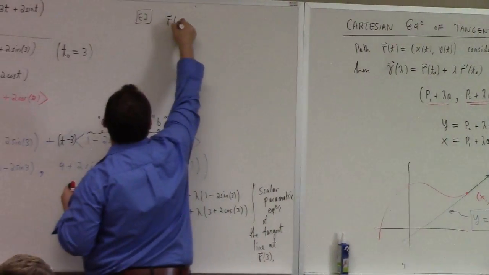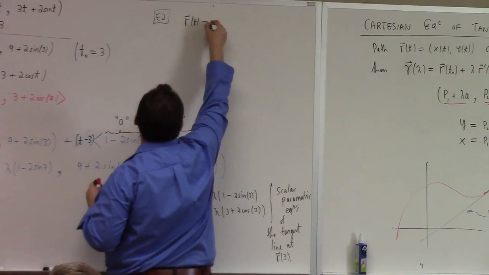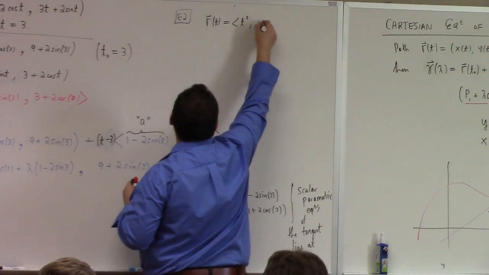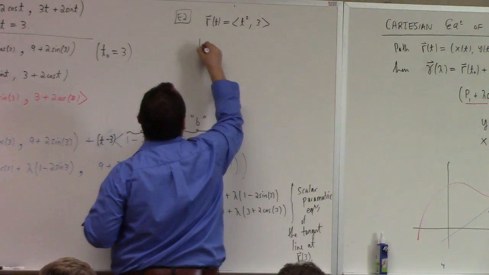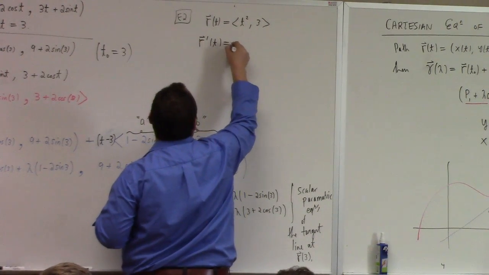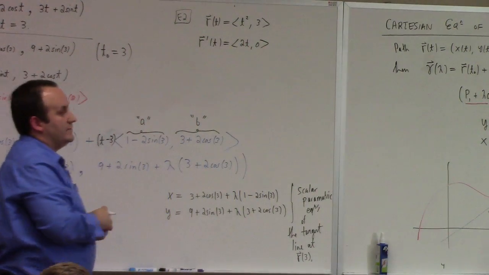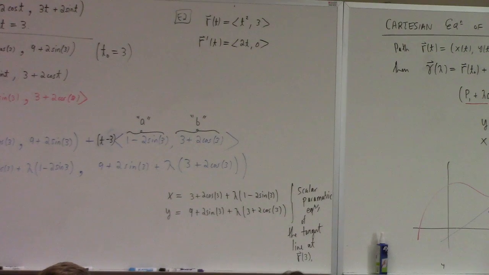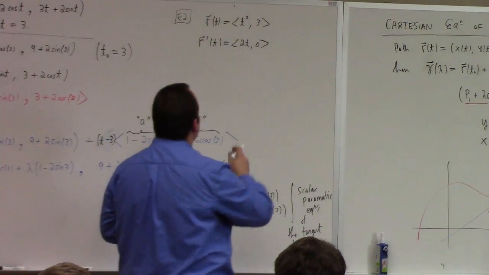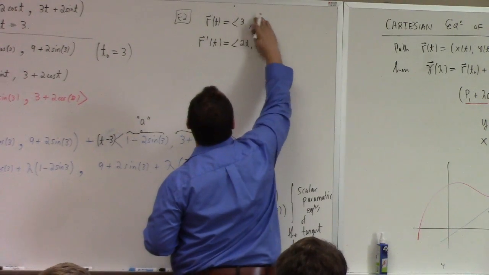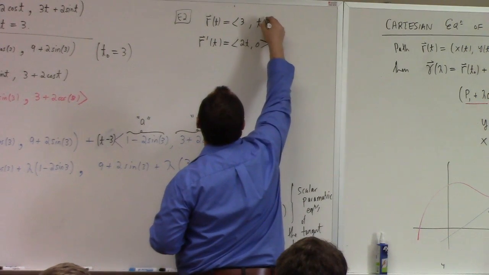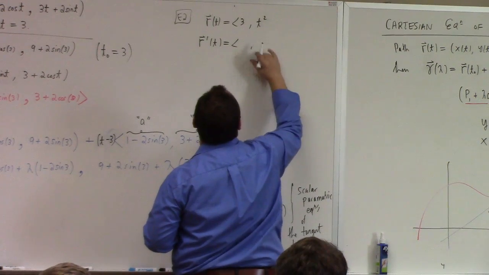If I have r of t equal to t squared, comma 3, you can calculate r prime of t is 2t, 0, right? Any tangent line to that curve is going to be vertical. Wait a minute, I messed it up. Try that again. That was horizontal. Here, this one's vertical.